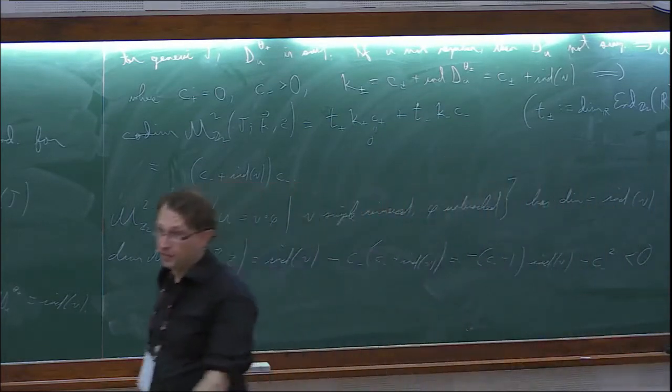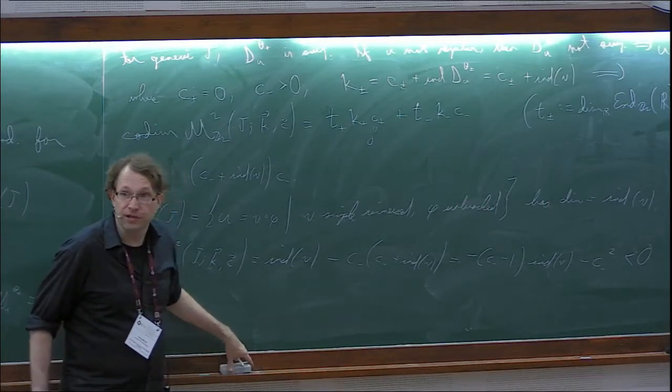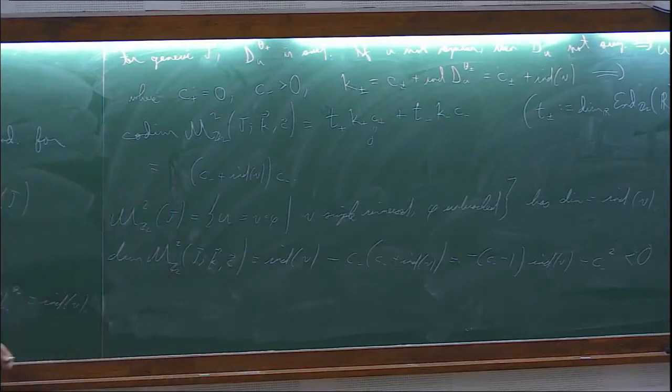Okay. So that's the kind of dimension counting argument you need to do. If you want to prove theorem B in full generality, the idea is essentially the same, but you need a bit more information. You need the indices of all of the operators that occur in the splitting, and you need the indices of every conceivable moduli space of simple curves with critical points that you might want to think about, with various prescriptions of critical orders.